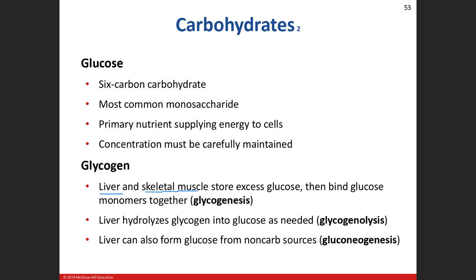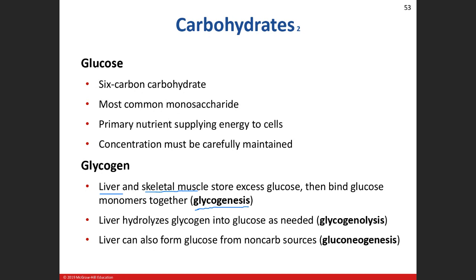The process of making glycogen, you need to know this, is called glycogenesis. Glyco being glycogen and genesis being to make or create. So glycogenesis is the creation of glycogen in the liver and skeletal muscle. Now, when your energy levels are low and your blood glucose levels have dropped, we've got to take that stored glycogen in the liver and put it into the blood.